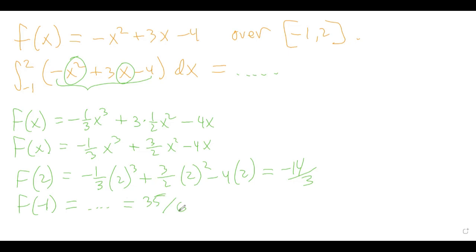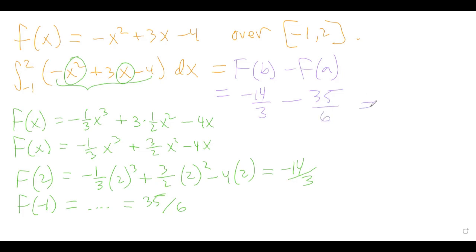So to finish off this problem, let's go back up here to the orange and let's finish in purple. Now we need big F of B minus big F of A. Big F of B, we said, was negative 14/3, take away big F of A, which was 35/6.